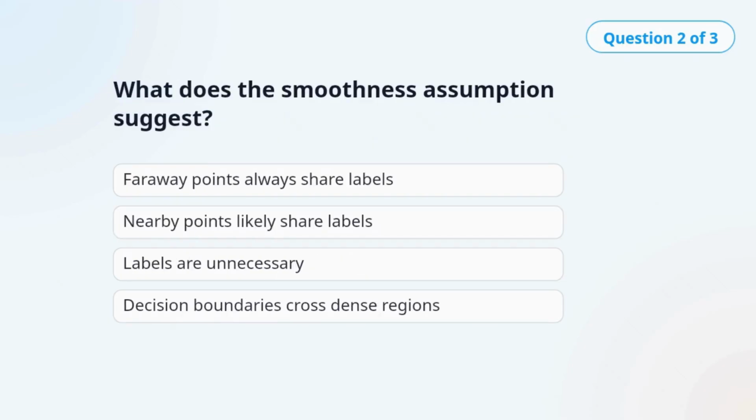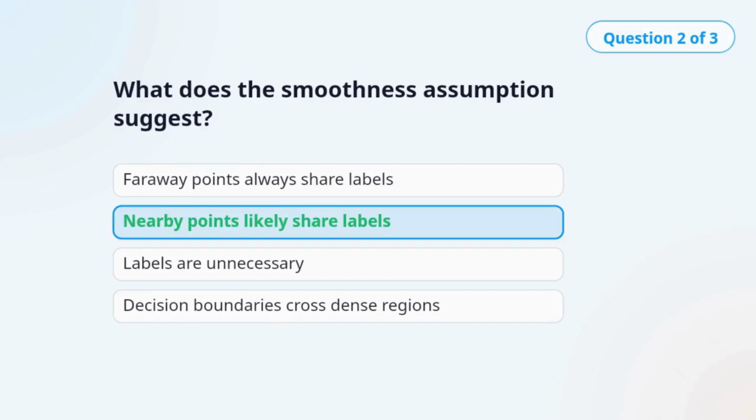Question 2. What does the smoothness assumption suggest? The correct answer is, nearby points likely share labels. The smoothness assumption says points close in input space should usually have the same label.